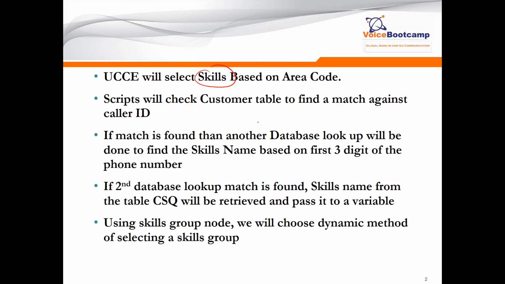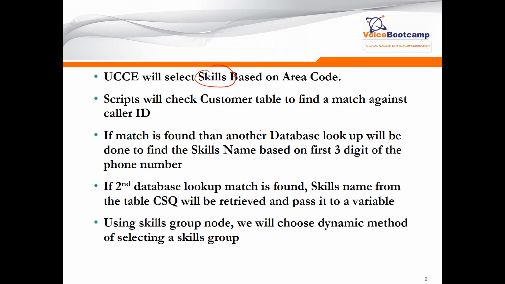The script will first check the customer to see if it is an existing customer. If it is an existing customer, it's going to find the phone number of the customer, which is usually 10 digits, saved in the database. If a match is found, then we're going to do another database lookup which will contain the area code and the skills group name.